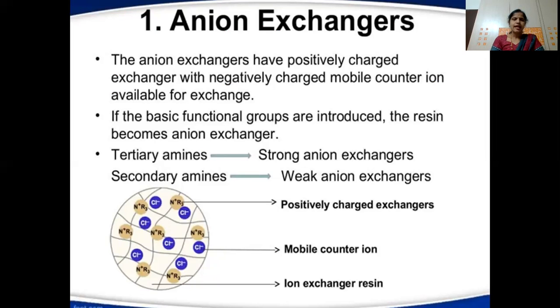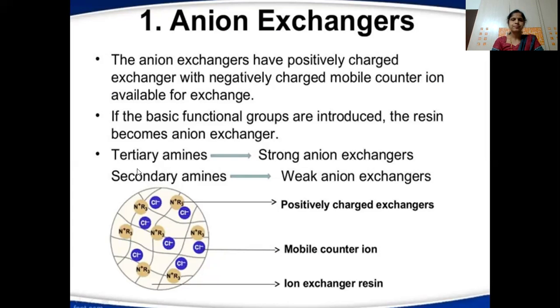What happens here is they will get exchanged with the anions which are present in the sample. As the mobile counter ion is negatively charged, that is, it is an anion, the name goes as anion exchangers. What anion exchangers can we use?